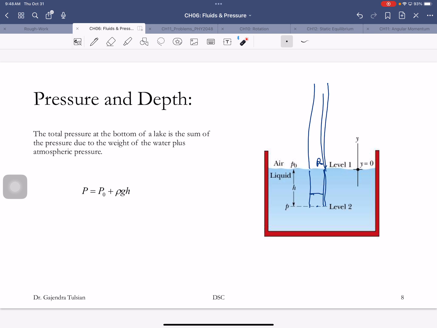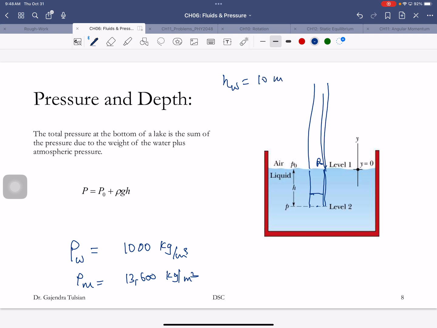If it were water, see the density of water is 1,000 kg per meter cubed. The density of mercury is 13,600 kg per meter cubed. Mercury has a much higher density. So for water, you have to go 10 meters.